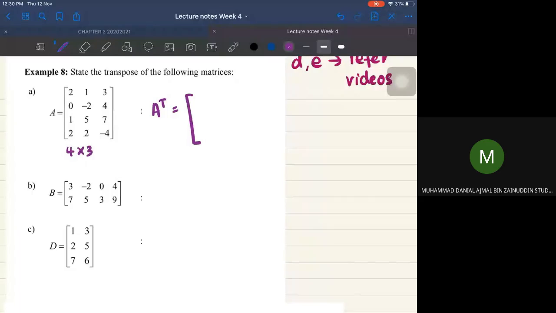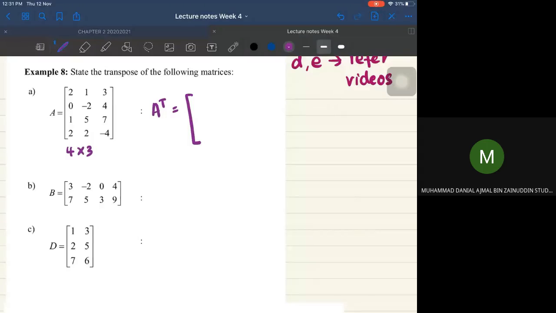Kalau ada siapa-siapa tak faham, tanya tau. Or you want me to explain lagi sekali ke bagi tahu je? So for this one, bila A transpose, you ada 3 by 4. So ada 3 row, ada 4 column.